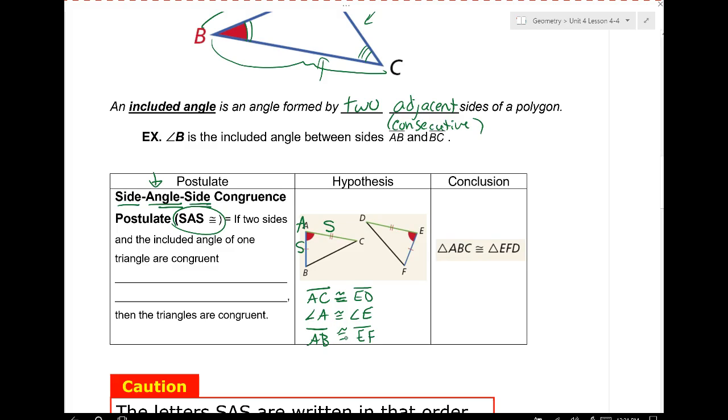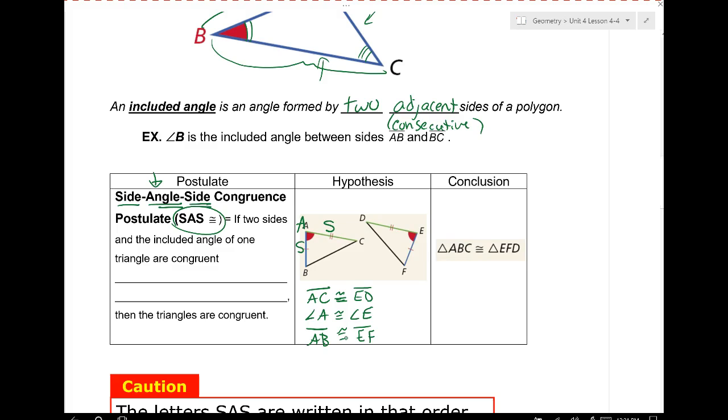Sometimes you don't always write it in order in your proof, but if that's what you have to have. If the angle's not between the 2 sides, it does not work. Did everyone hear me on this? It physically has to be marked between the 2 sides. So let's fill in the missing part of this postulate.